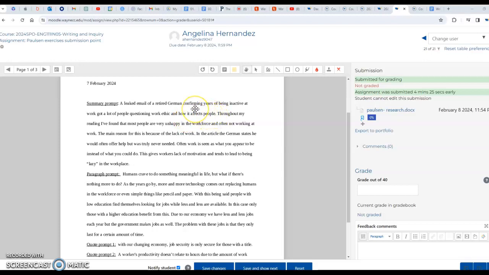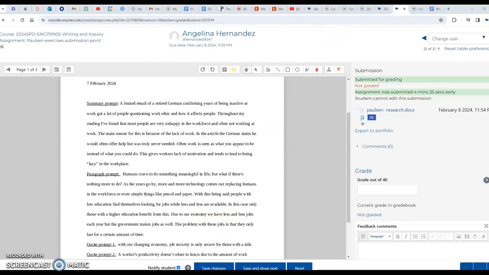Then if you're summarizing or paraphrasing, you take a chunk of that article and put it in your own words, probably for 2 or 3 sentences. After which point you'll document it and then you'll discuss that information for the rest of the paragraph.